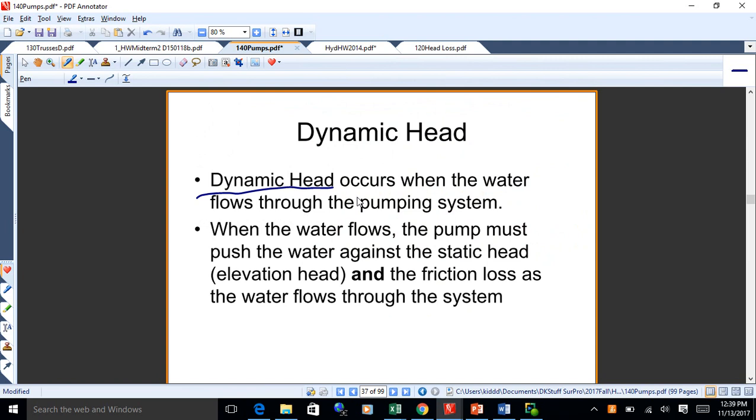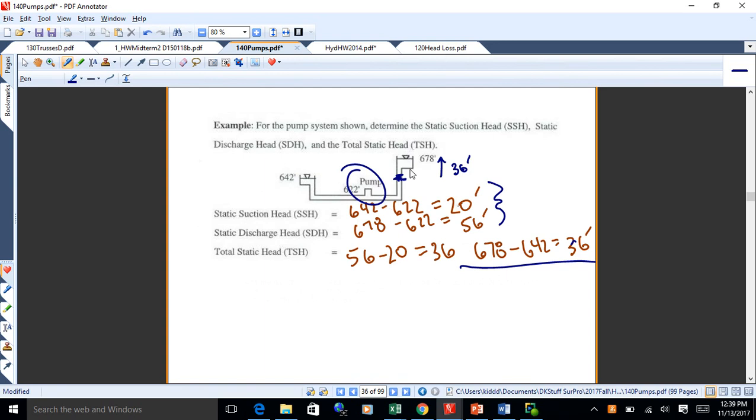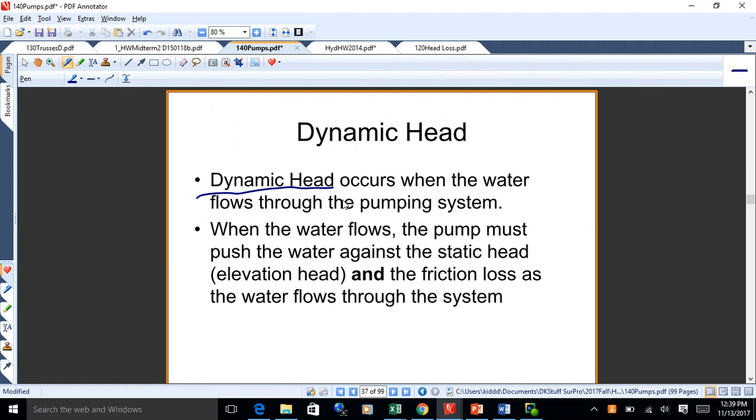Dynamic head occurs when the water starts to flow through the system and you get head loss or friction loss. So dynamic head is what you really look at when you size the pump, because the pump not only has to create pressure or head, it also has to pump at a certain flow rate to move the water through the system. And when that happens, you get friction loss.